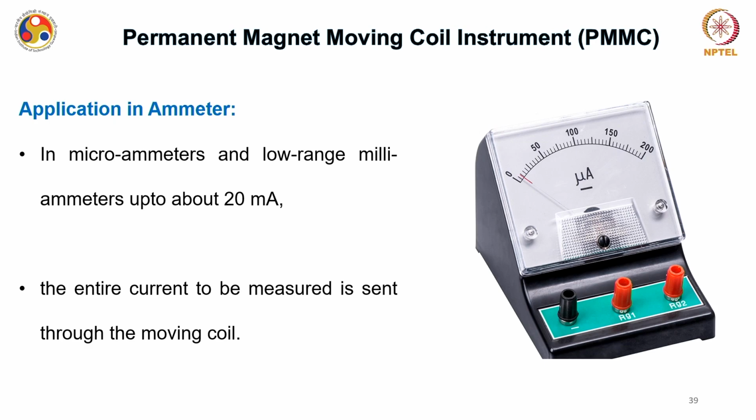Now once we have understood this PMMC construction and the torque equation or the deflection equation, we also have to see how this PMMC can be utilized for developing ammeters as well as voltmeters, because the ultimate aim of these analog tools is to have application in measuring electrical parameters.